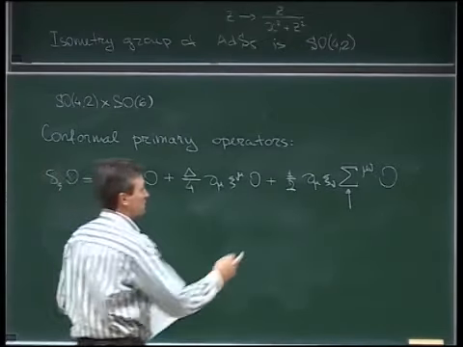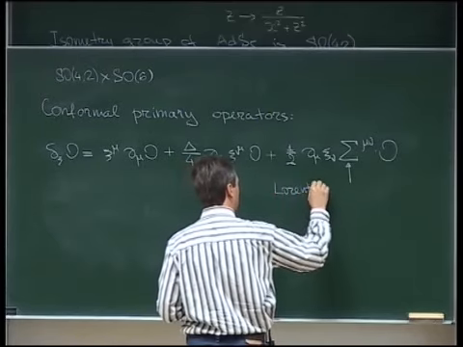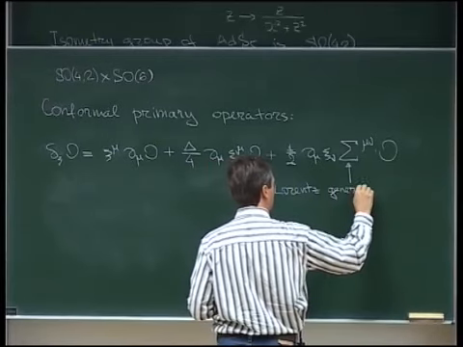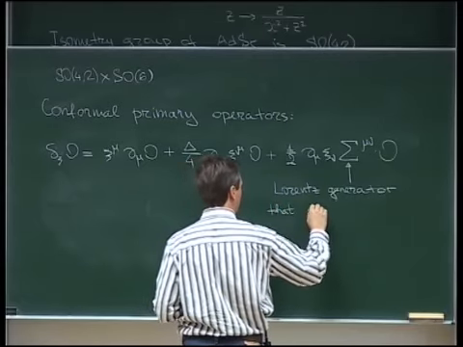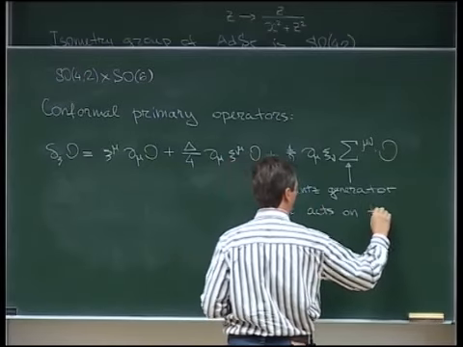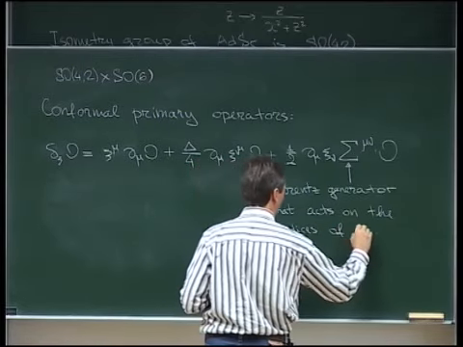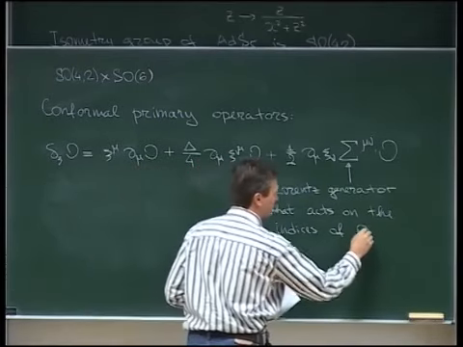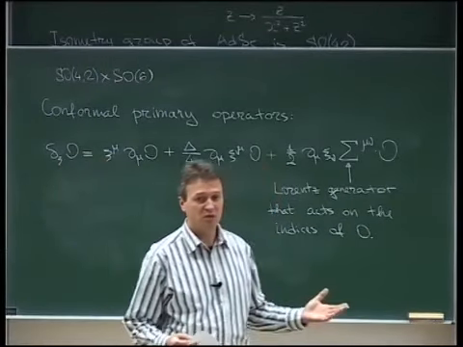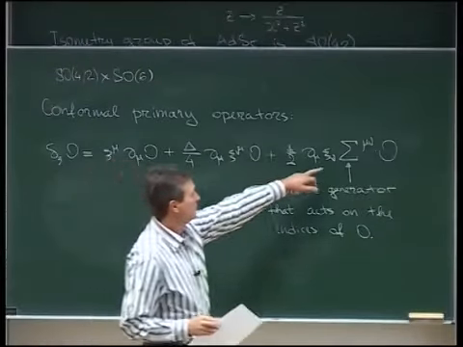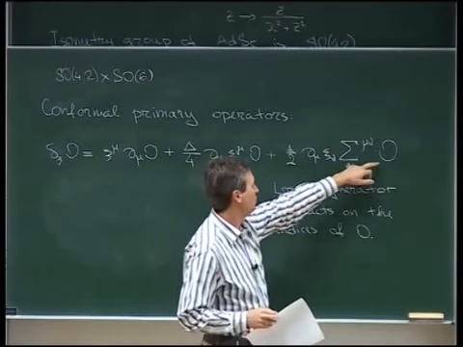And so this Sigma mu nu is the Lorentz generator that acts on the indices of O. We also assume that this operator transforms in some irreducible representation of the Lorentz group, so it has definite spin. And this is just the rotation of the spin indices of O.